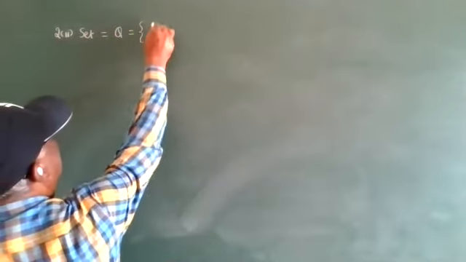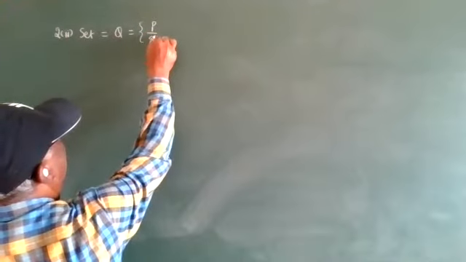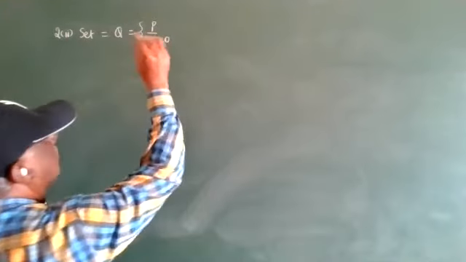What are rational numbers? The P by Q form, where Q is not equal to 0.